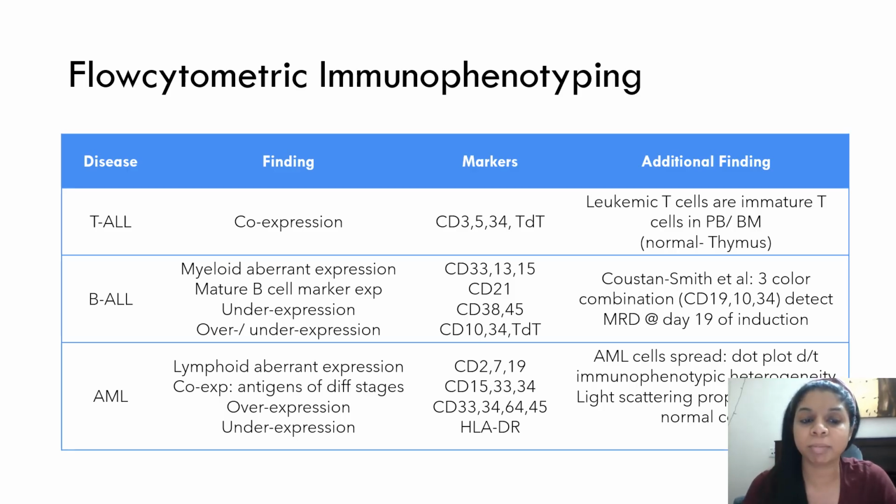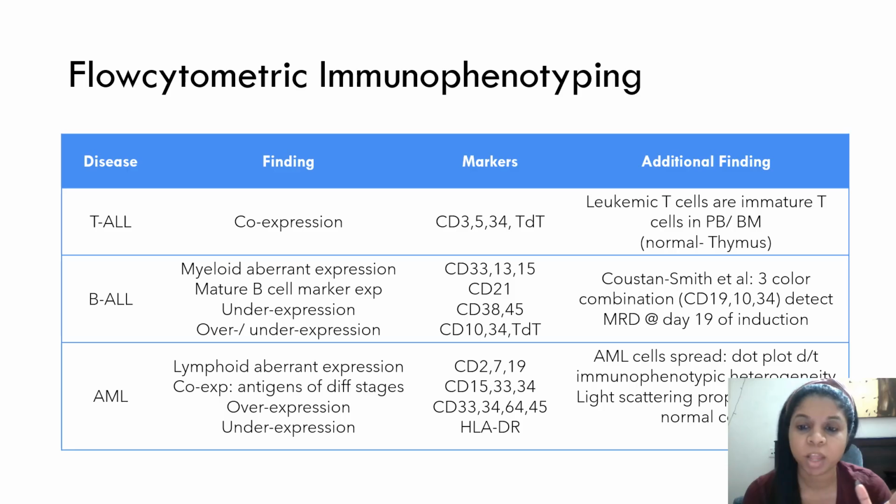Okay, so you know that in AML there are different types of cells: monocytes, eosinophils, and then myeloid precursors, that is myeloblasts, etc. So there is a scattered dot plot from the immunophenotypic heterogeneity, because there are different types of myeloblasts, maybe little expression of markers, little more expression of markers, and then how many promyelocytes are there, how many myeloblasts are there, etc. Because there are different types of myeloid precursors, and their expression of markers and all those characteristics is different, the plot which we get in flow cytometry is very scattered.